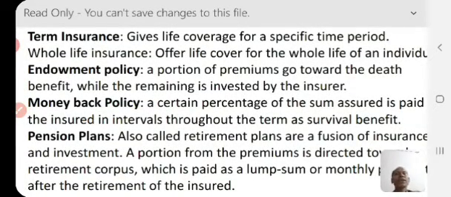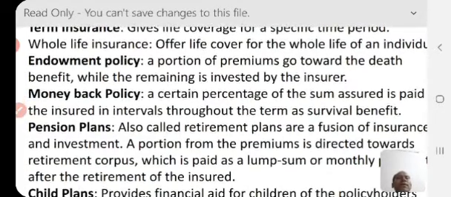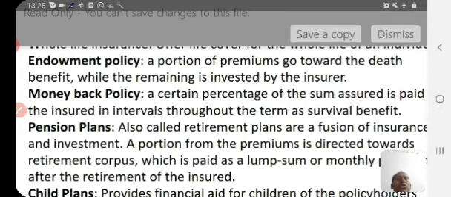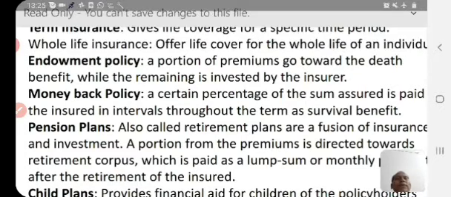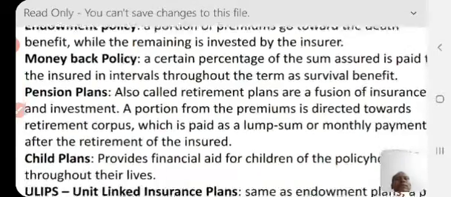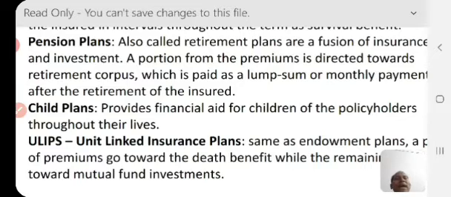In life insurance: term insurance, whole life insurance, endowment insurance or policy, money back policy, pension policy, child plans, unit linked insurance plans.